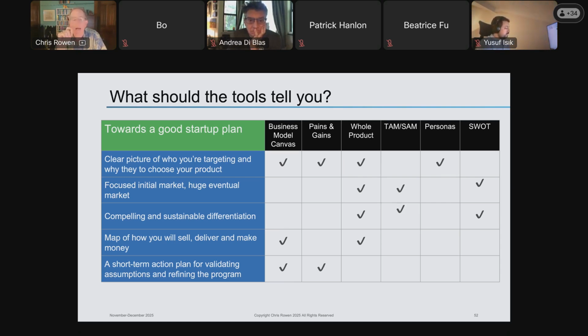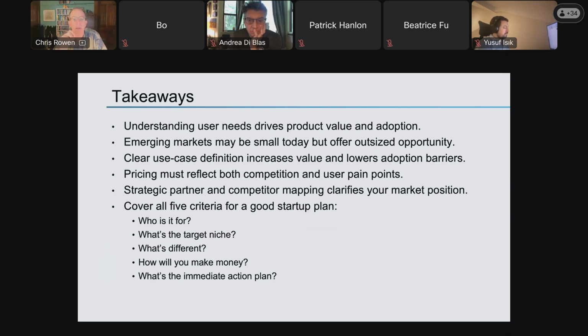So I would say the key takeaways here are that we have to understand a user as precisely as possible to understand whether an idea that you have can be developed into value, enough value that you can get a customer to open their wallet.